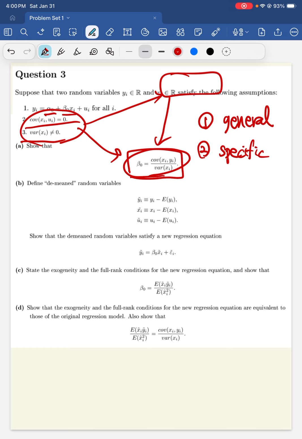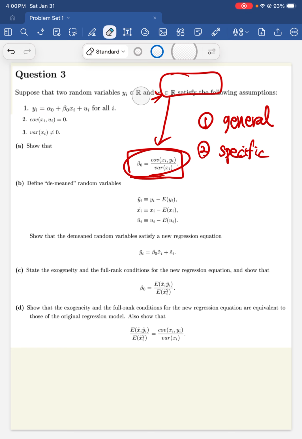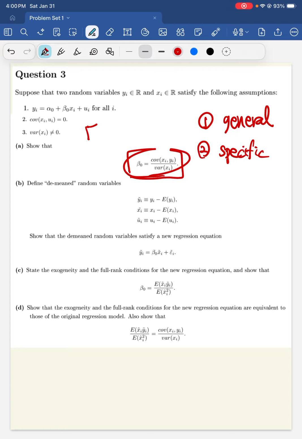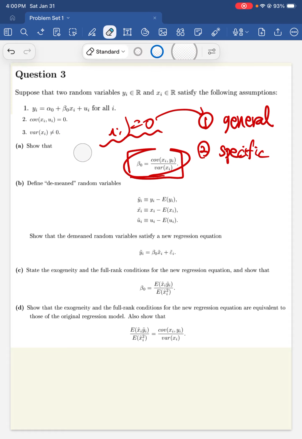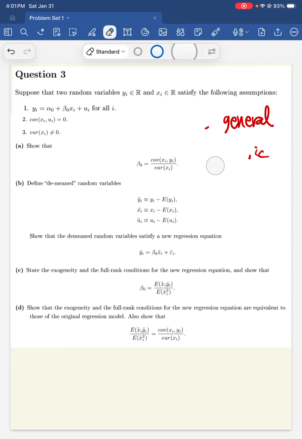Both are technically possible, but in this case, the general theorem approach does not work because, as I said in class, we need this assumption for the general approach, but there is only one exogeneity assumption. That is the difference, right? So I mentioned it in class.